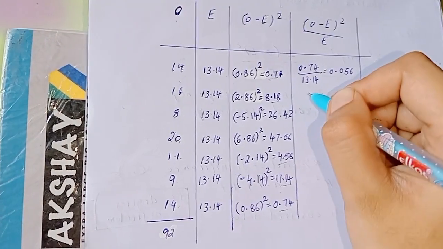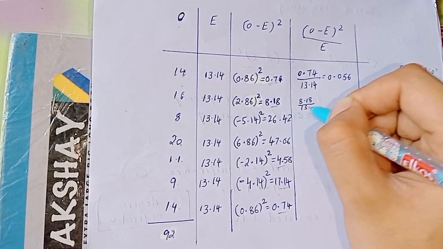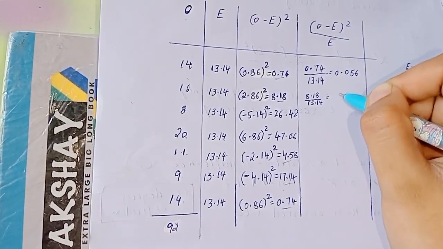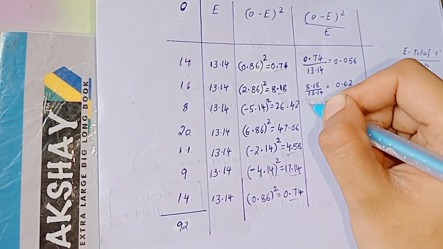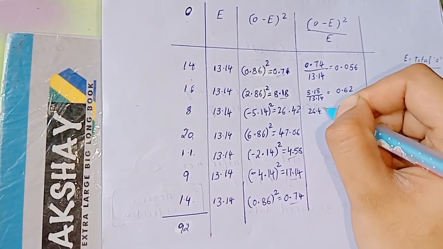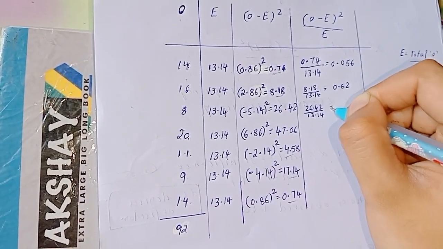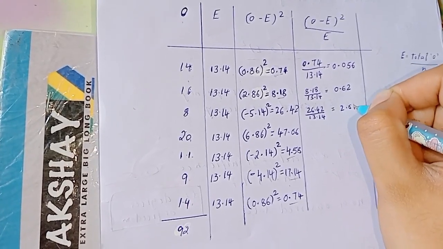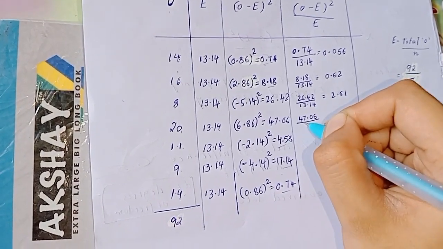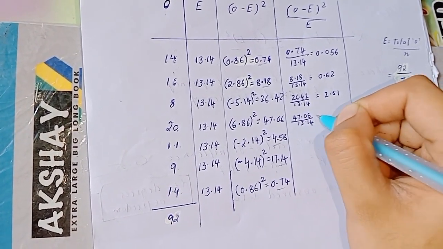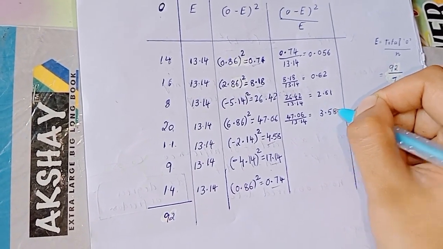Okay. 8.18 by 13.14, we get 0.62. 26.42 by 13.14, we get 2.01. 47.06 by 13.14, we get 3.58.